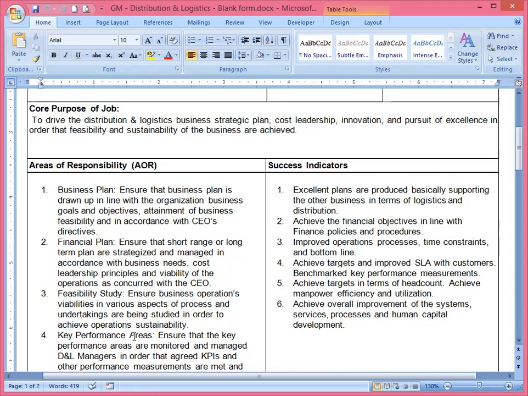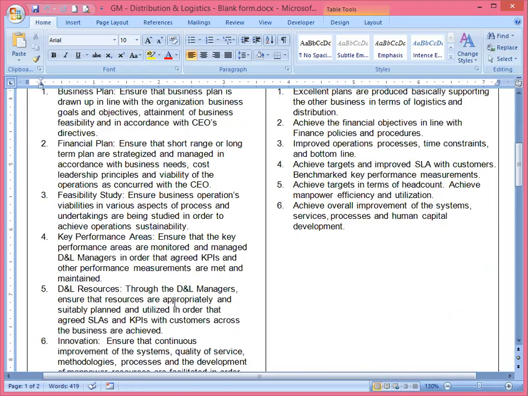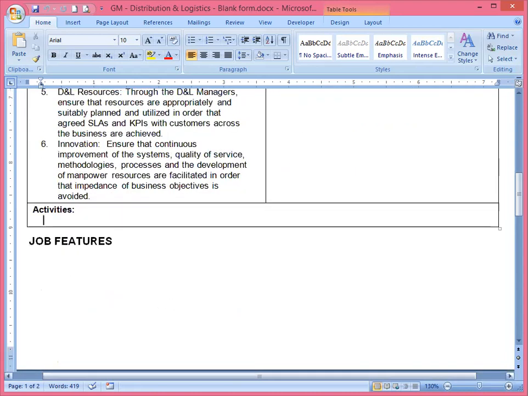I also wrote the corresponding success indicators in the right portion of the AOR. Now, I would like to continue writing next the activities of the job. In the activities, I would like to put a number.